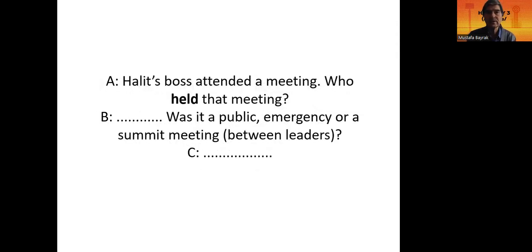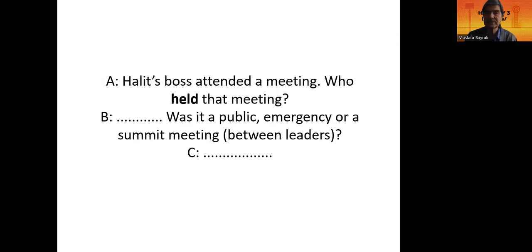Halit's boss attended a meeting, just a simple past tense sentence. Halit's boss attended a meeting. Who held that meeting? Marco held that meeting, or Marco did. Was it a public, emergency or a summit meeting between leaders?